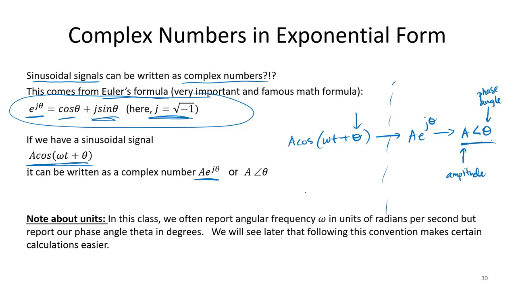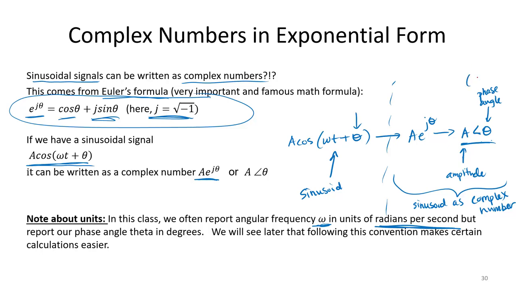So we can take a sinusoid, A cosine omega t plus theta, and we can rewrite it as a complex number. And again, remember, typically in this class, we use angular frequency omega in radians per second, but typically this phase angle is reported in degrees.